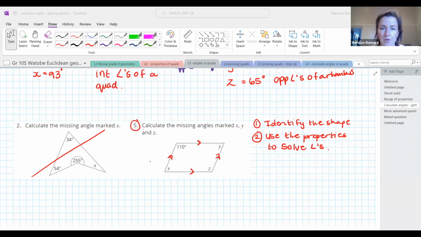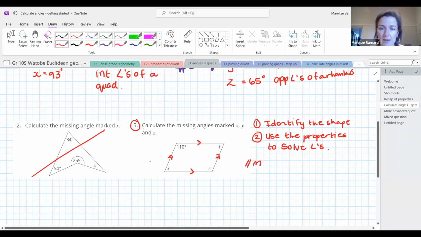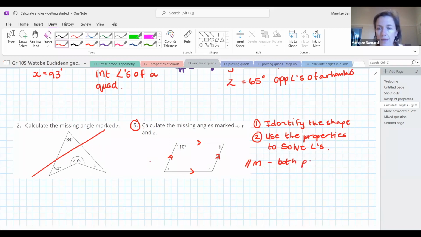Okay, so this is a parallelogram, and you can abbreviate it like that: both pairs of opposite sides parallel. Okay, so now that we know that it's a parallelogram, we can use all its other properties, and we can say, what is X, what is Y, what is Z?